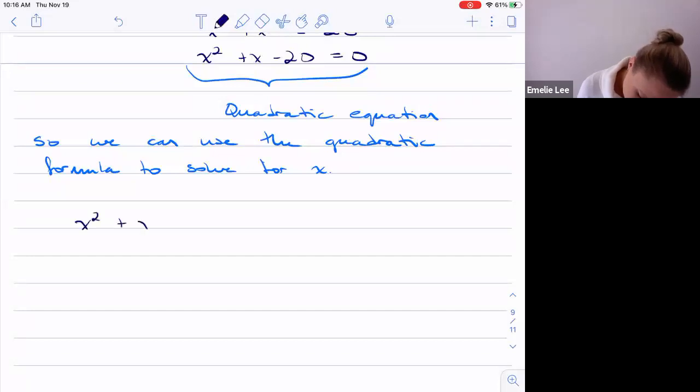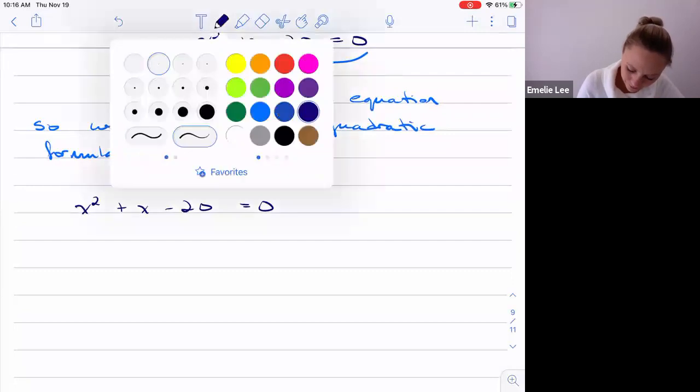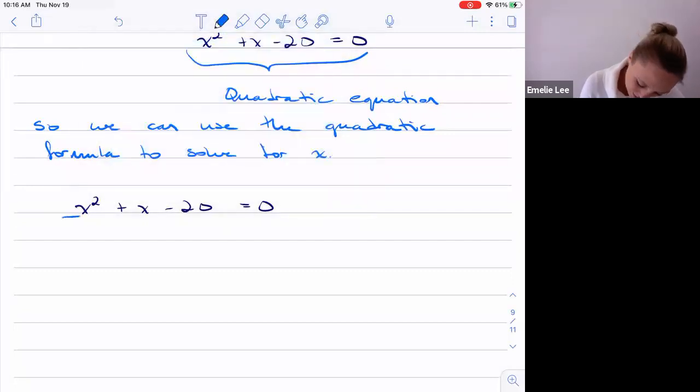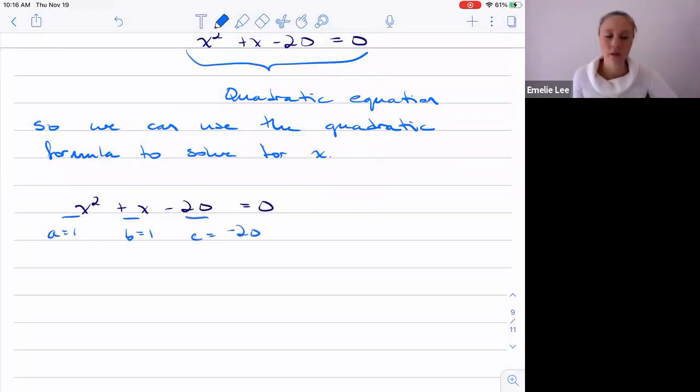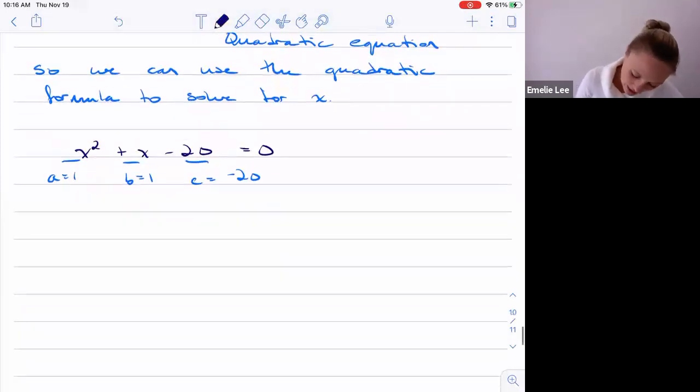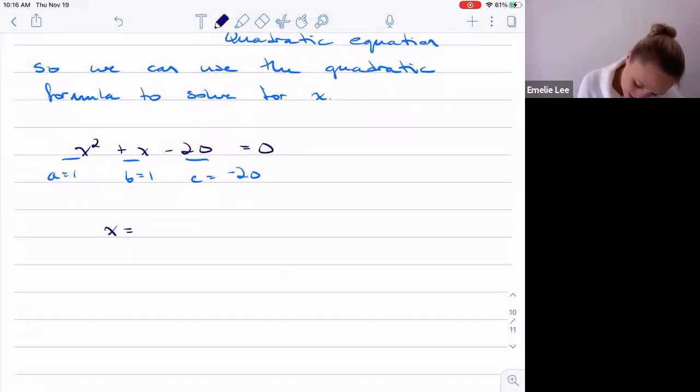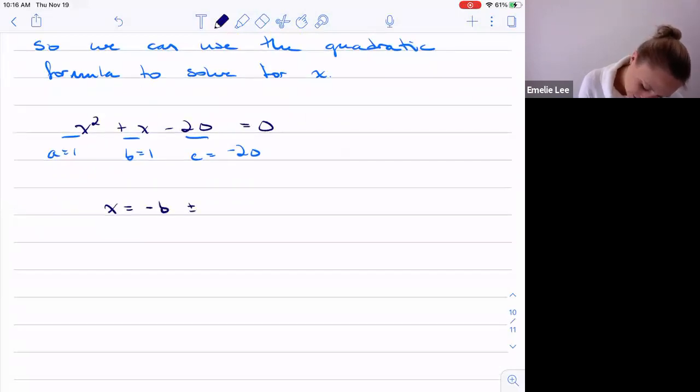So we have x squared plus x minus 20 equals 0. Here, a is 1, b is 1, and c is negative 20. So x is going to be negative b plus or minus the square root of b squared minus 4ac over 2a.